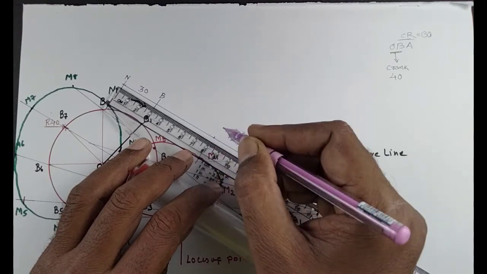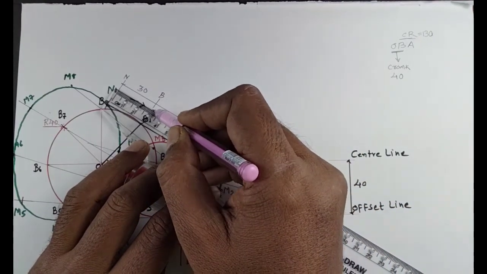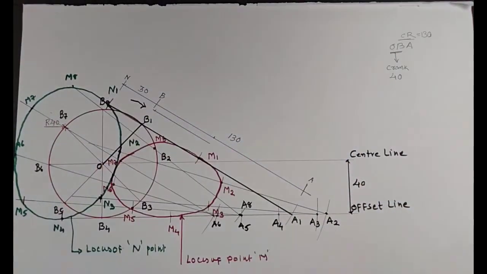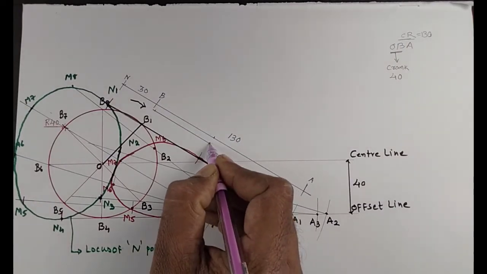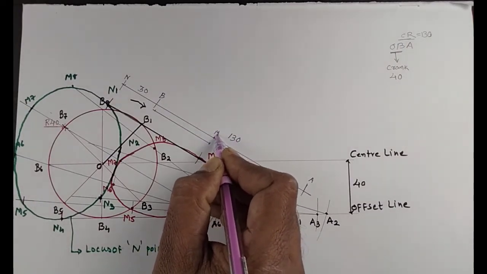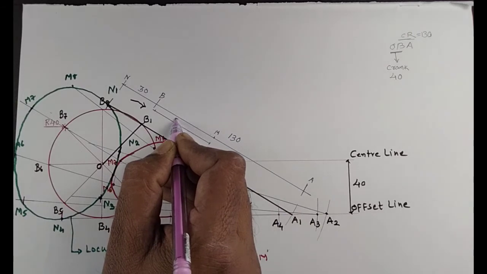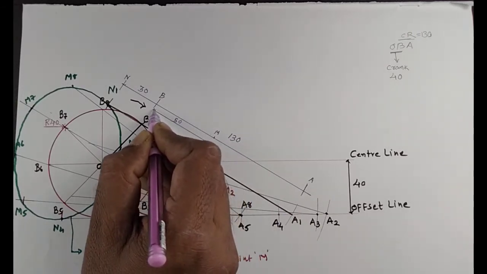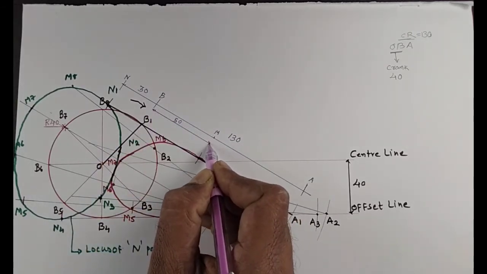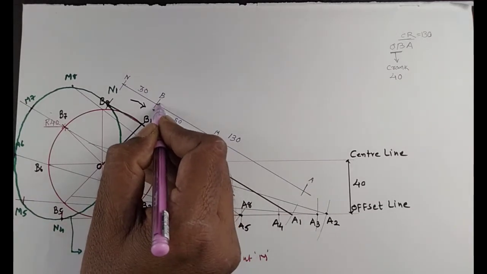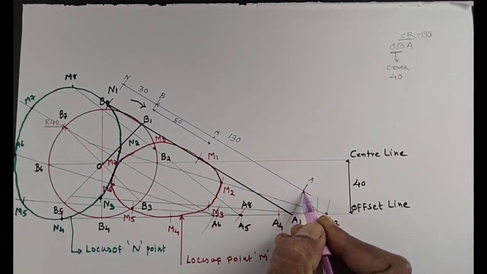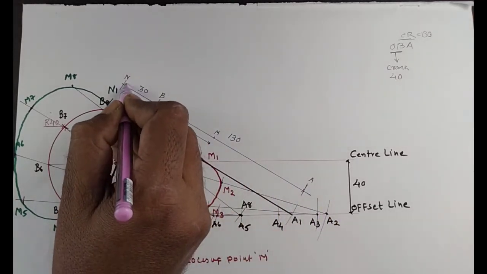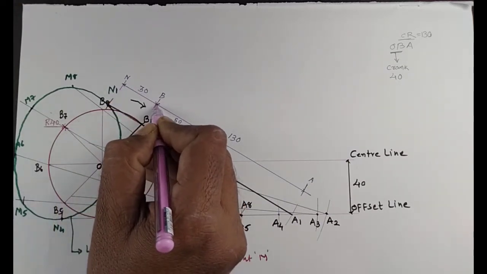Always write your dimension above the dimensioning line with proper arrows, so it can be better understood in your drawings.